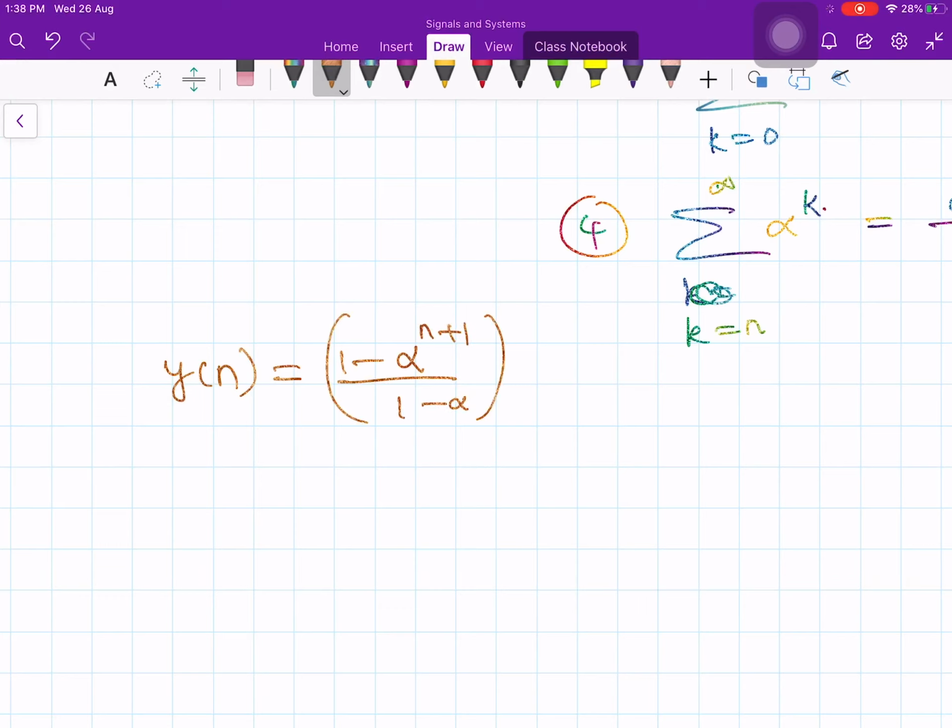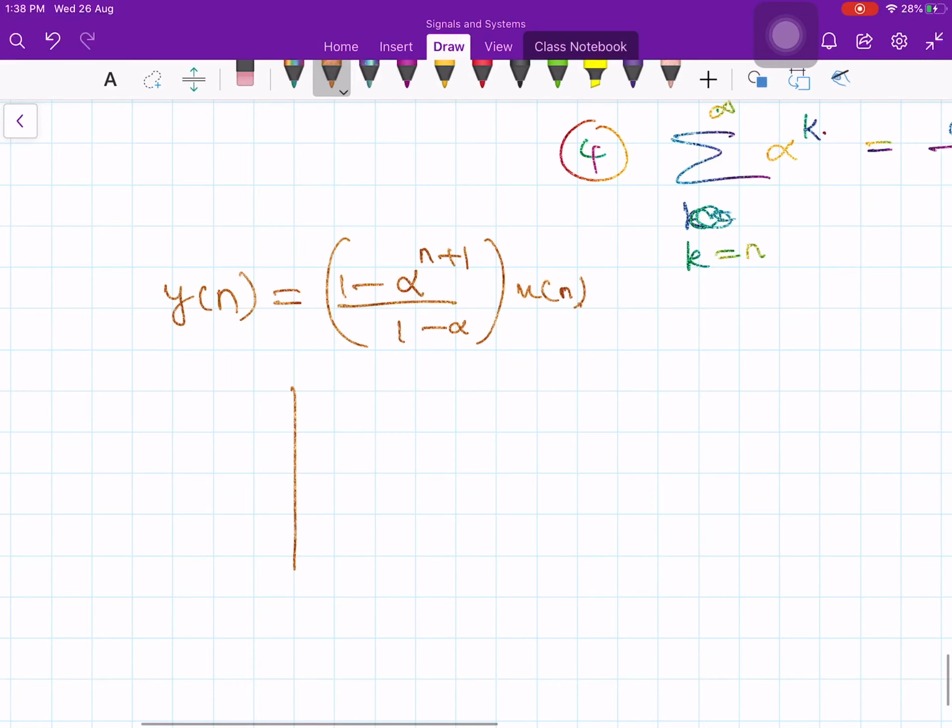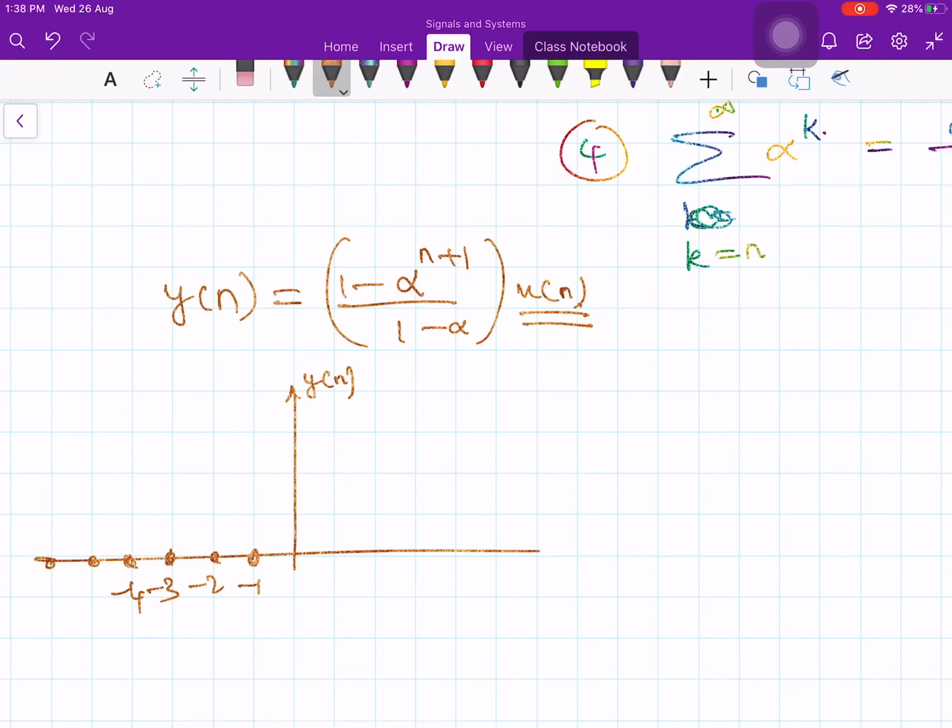Now if you try to plot this, then for negative values of n it is 0 because you are multiplying by u of n here. So minus 1, minus 2, minus 3, minus 4, these values are 0. When n equals 0, what happens? 1 minus alpha divided by 1 minus alpha, which is equal to 1. Therefore, this value is 1.